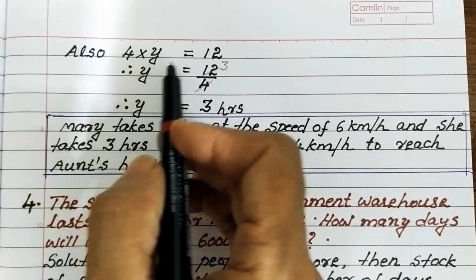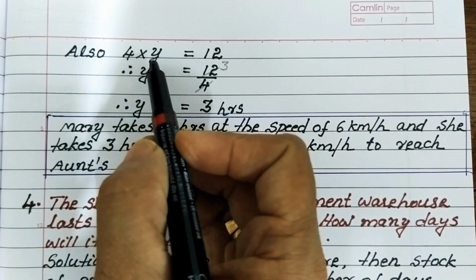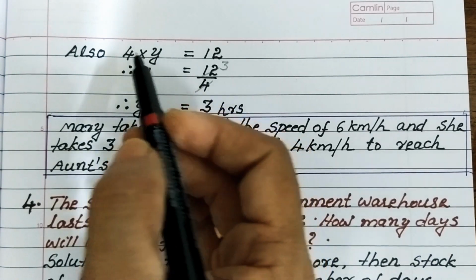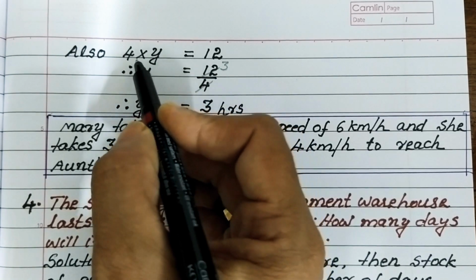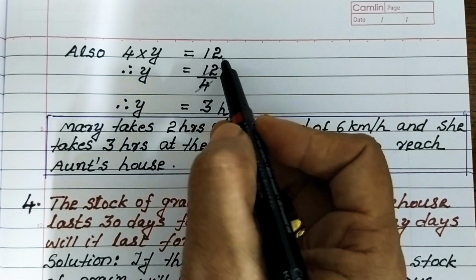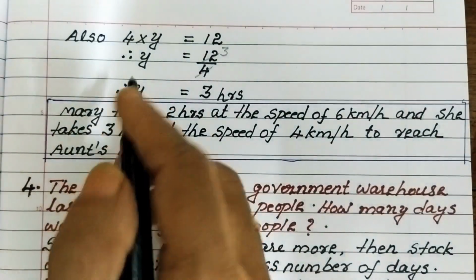4 into y equals 12. Speed multiplied by time, 4 km per hour, and time y, equals again 12 km. That's a constant.